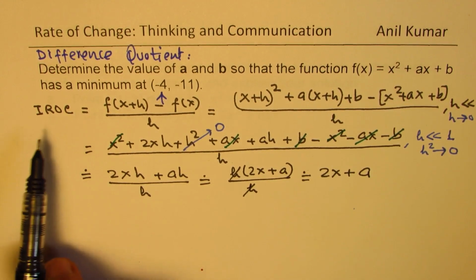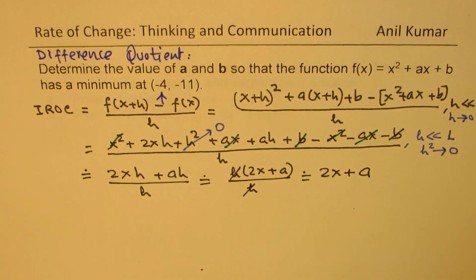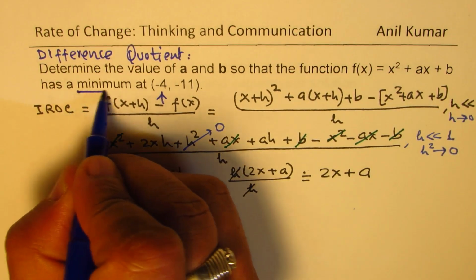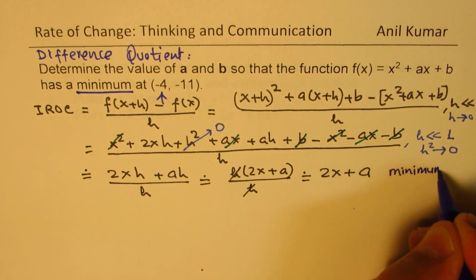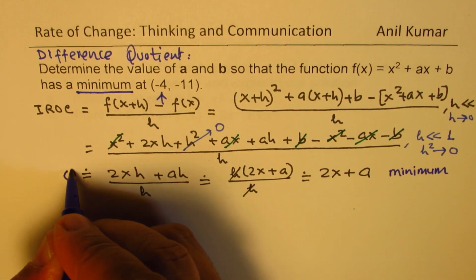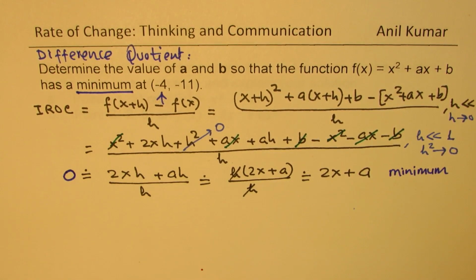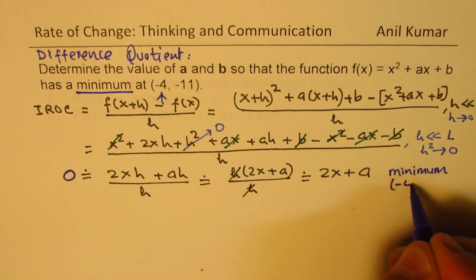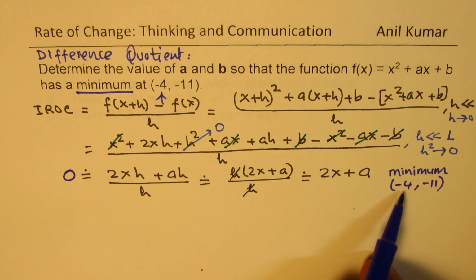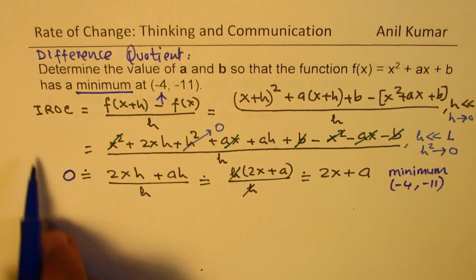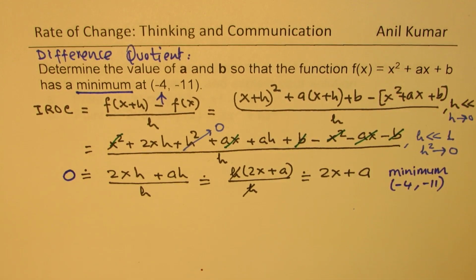Now, since we are looking for a minimum, for minimum this should be 0. Now we are saying that the minimum occurs at minus 4, minus 11. So I'll substitute x as minus 4, and 0 for the instantaneous rate of change.